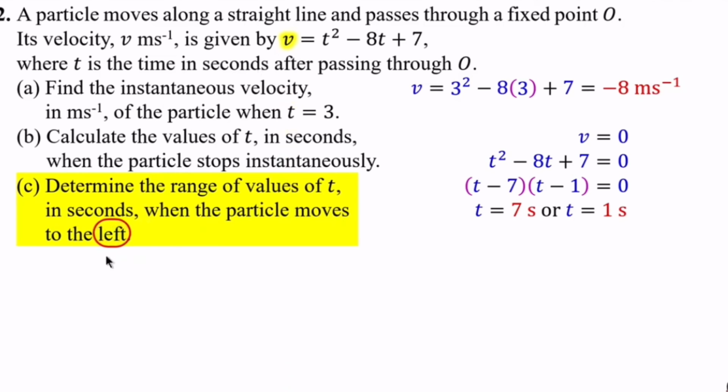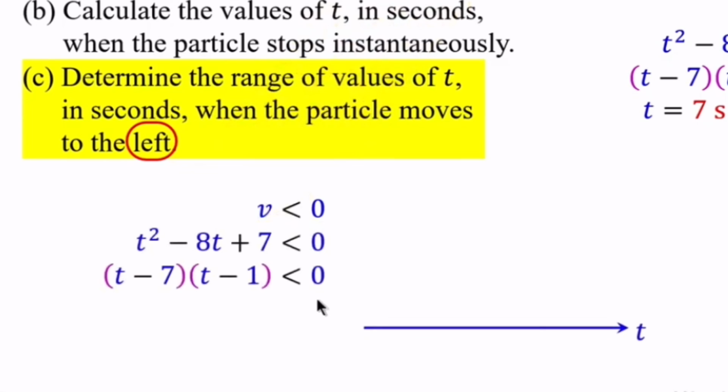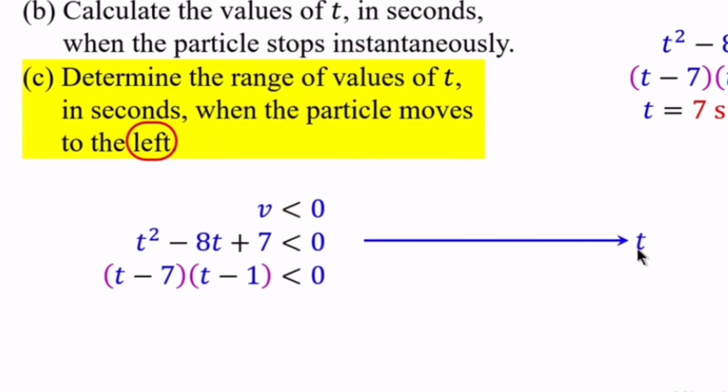Okay, so we will try to factorize, and then we will sketch the graph. Okay, t squared minus 8t plus 7 less than 0. So let's factorize, and after factorize, for the quadratic function we need to sketch a U shape, and less than 0 is the middle part of the quadratic function. So we actually want to focus on the time. The range of time is continuous, right?